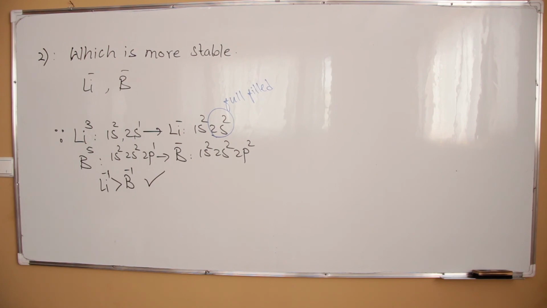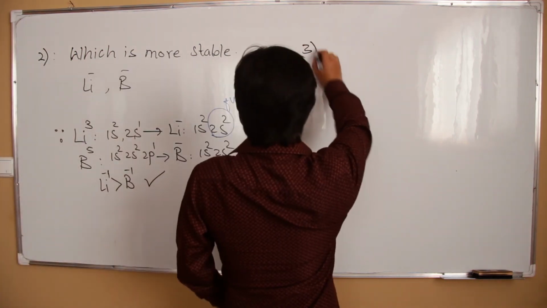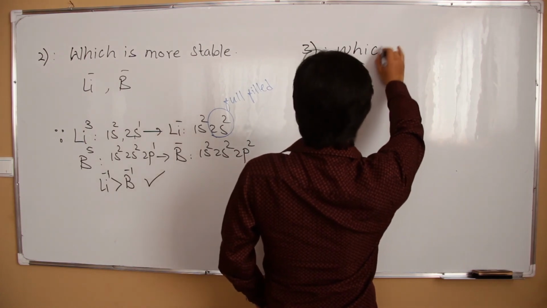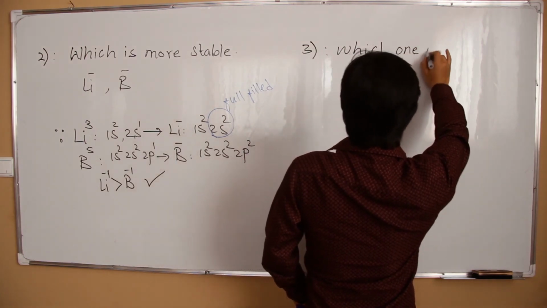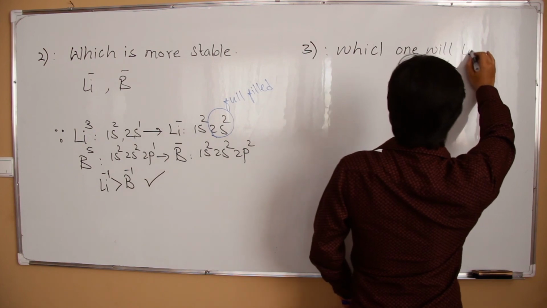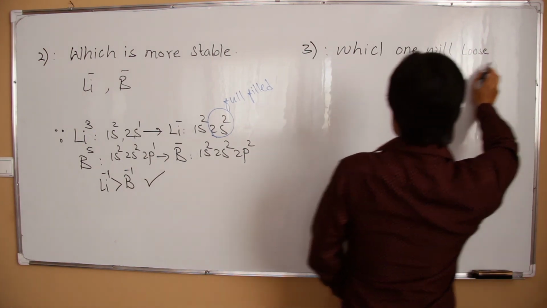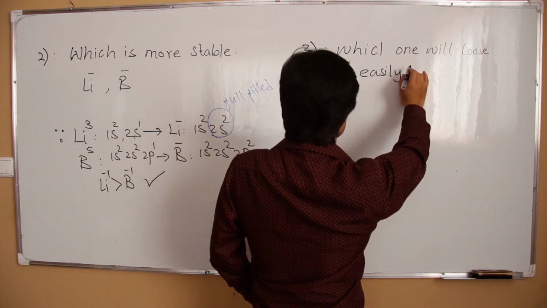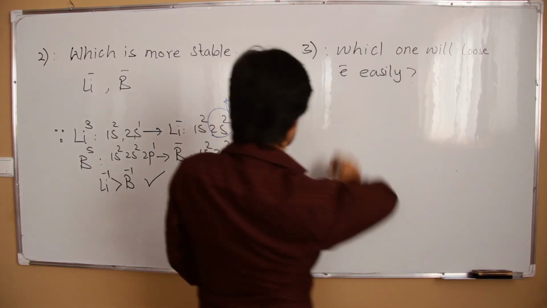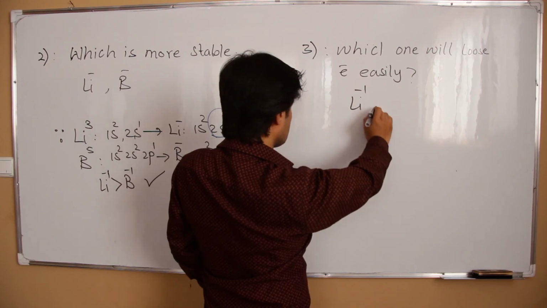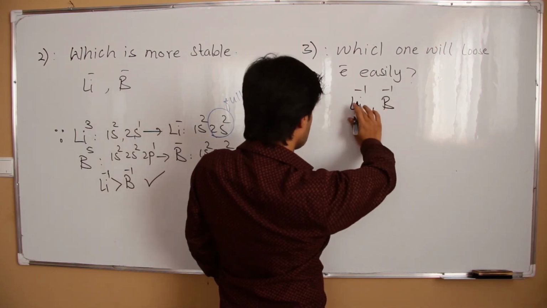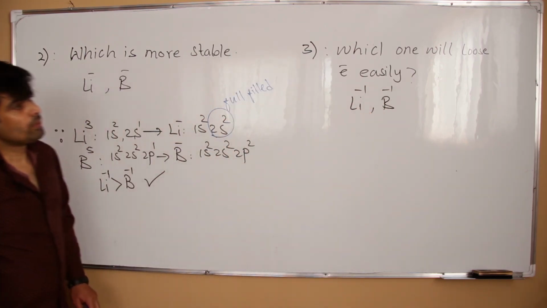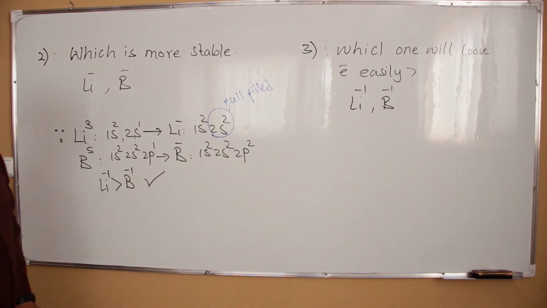Sometimes this question changes its shape, and they can ask which one will lose an electron easily. For example, lithium minus 1 and boron minus 1. Which one will lose an electron easily?